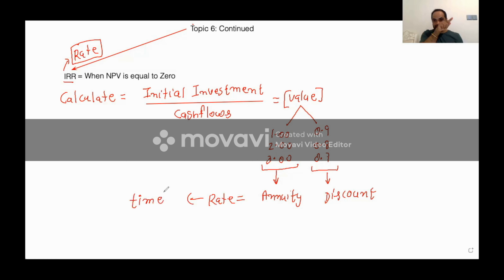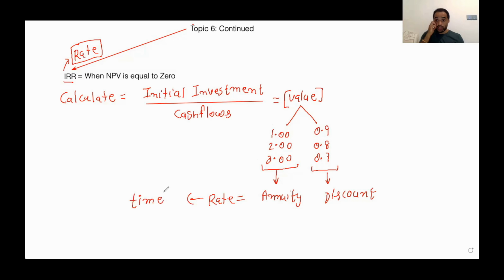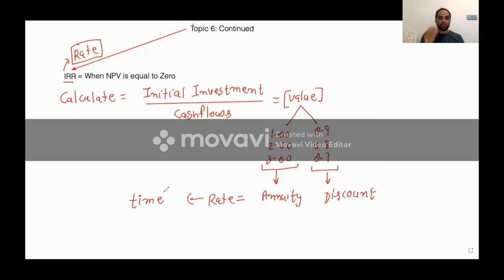You only follow the time row. So you have a look at your question. Your time is 2 years, your time is 3 years, your time is 4 years. So let's say your time is 4 years. And you will find the closest number to your value and then go up to find the rate.